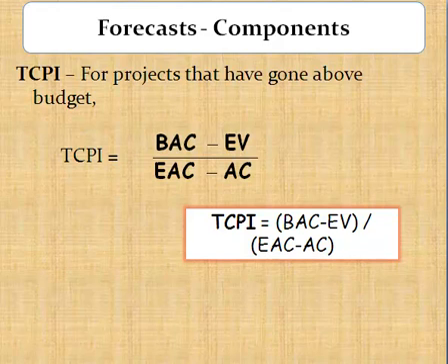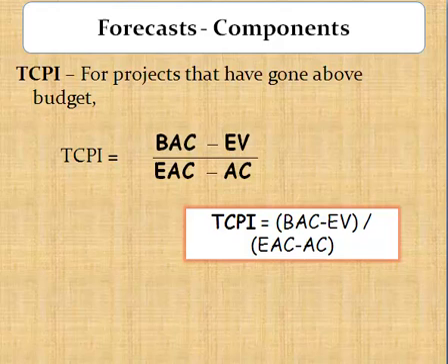Now, the second model of the TCPI. Recall that there are two models for the to complete performance index. One is based on a project performance that is within the original budget. We looked at this earlier. The second model is used when the project has gone above budget. It is based on the estimate at completion.